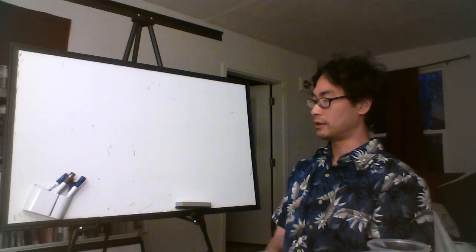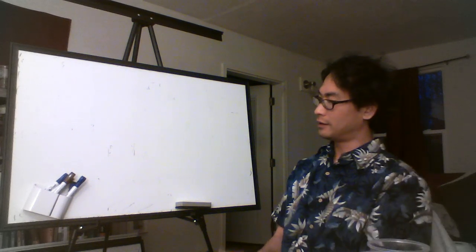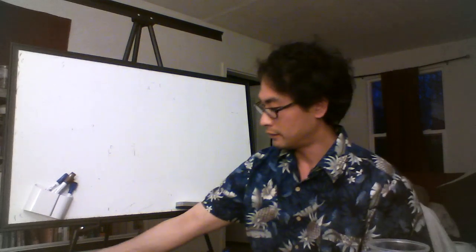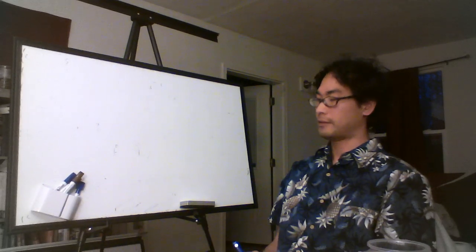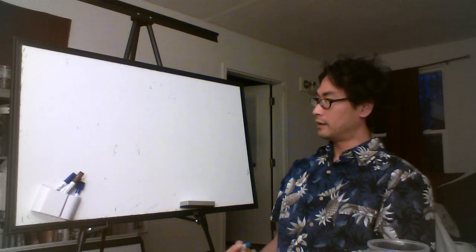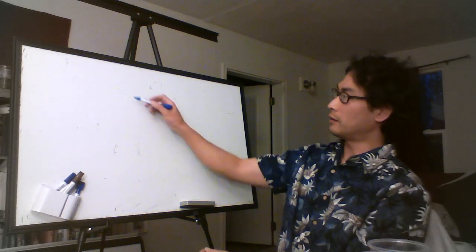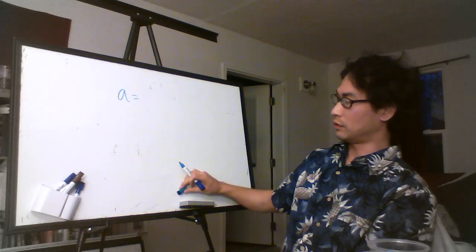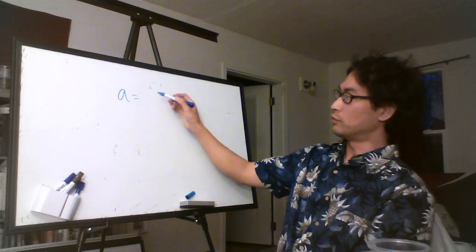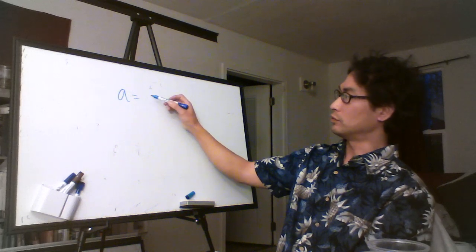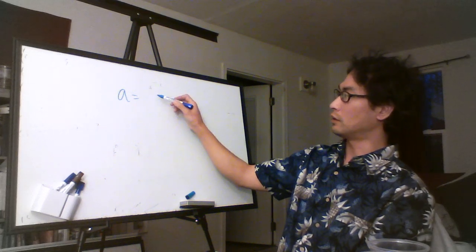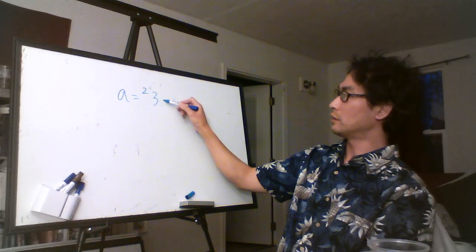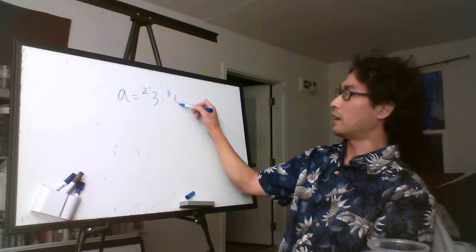Expansion function. Let's give it some nice examples, shall we? Let's say number A. I like this blue, kind of ocean blue, very beautiful blue. A is equal to what? There are two threes and three fives.